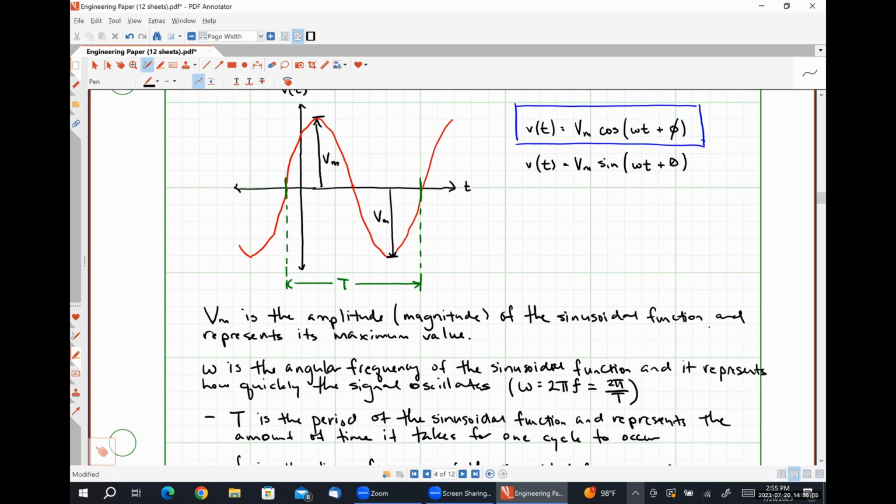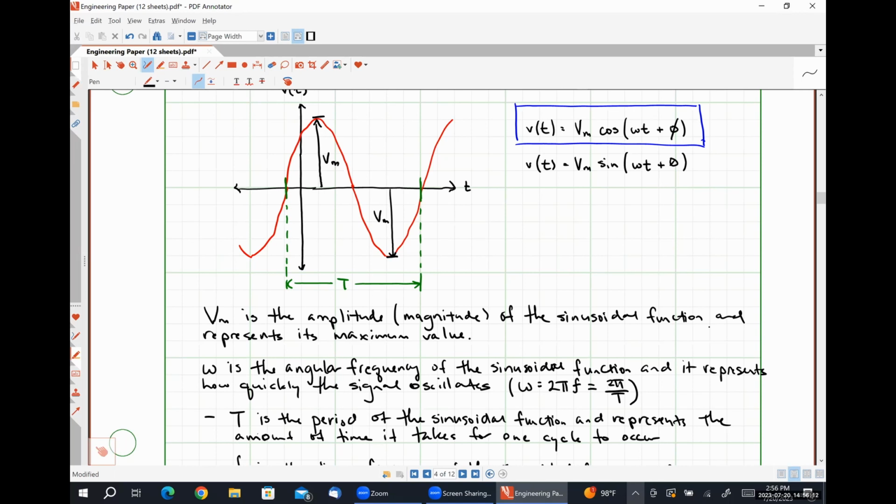If we looked at this signal as a sine function, we know that sine at t equal to 0 should be 0. So this would be an example of an advanced function.